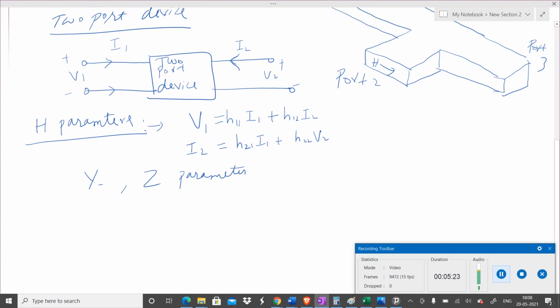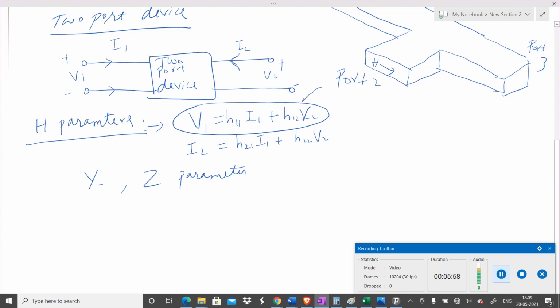Now how do you basically compute the H parameters? Suppose I give you a practical circuit and you want to compute H11. What we will do is short circuit the output, that is, put V2 to be 0. Sorry, it is a typo here, it is V2.